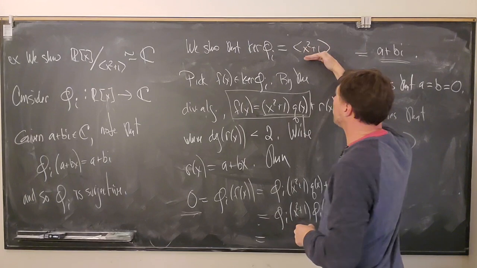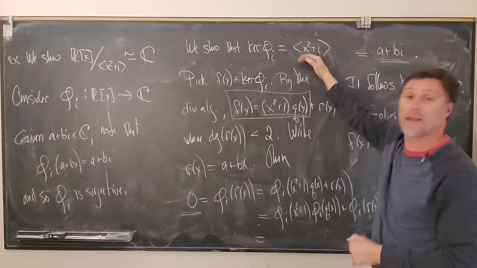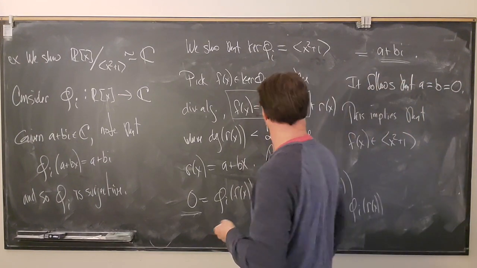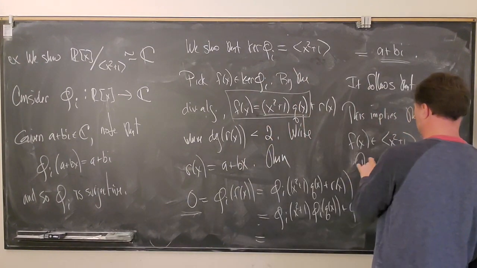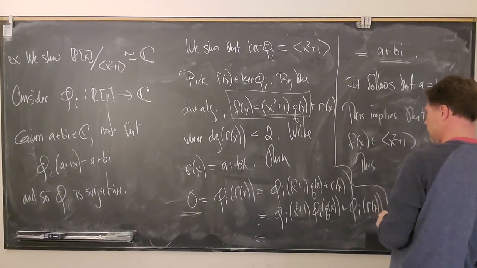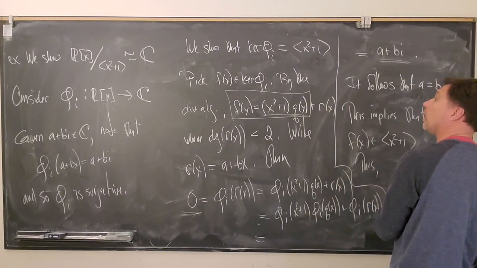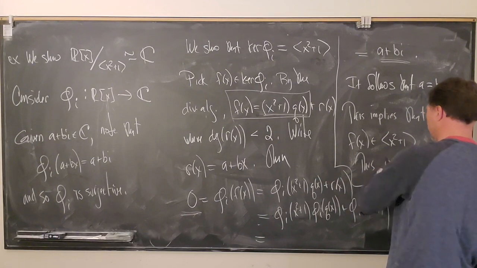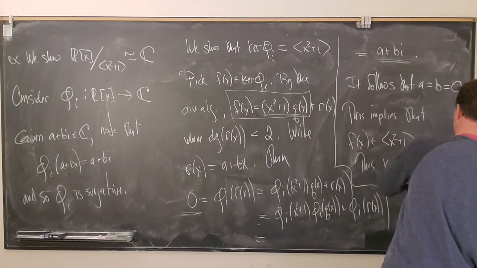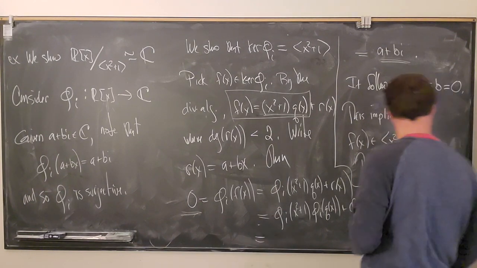Polynomials in this ideal are of the form x squared plus 1 times some other polynomial. All right, so that gives us containment in one direction, so thus, sorry for the cramped quarters here, the kernel of phi sub I is contained in the ideal generated by x squared plus 1.